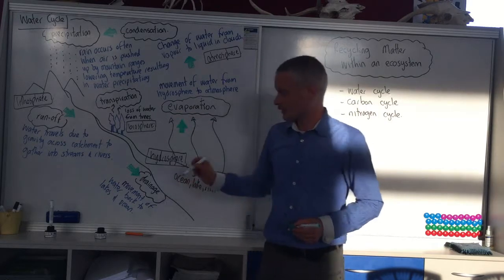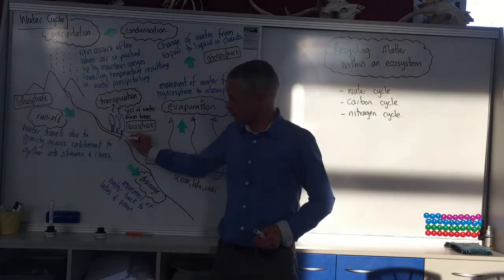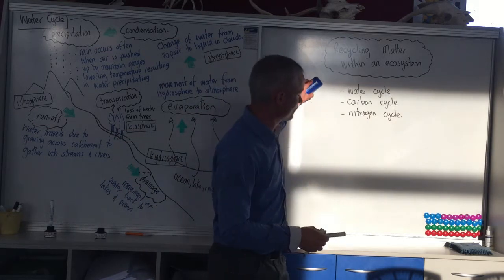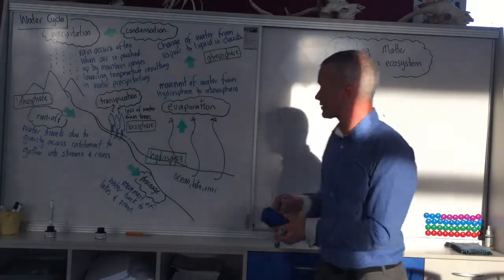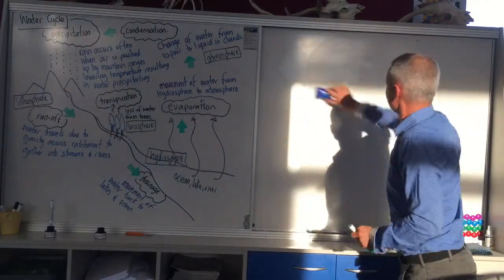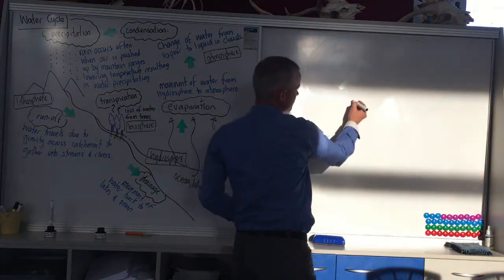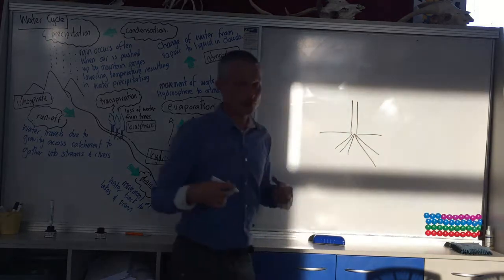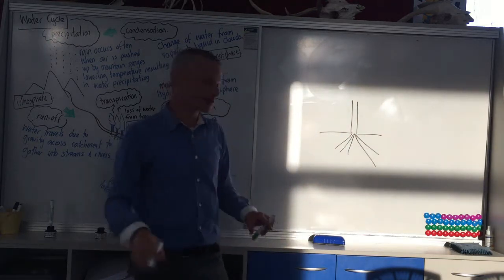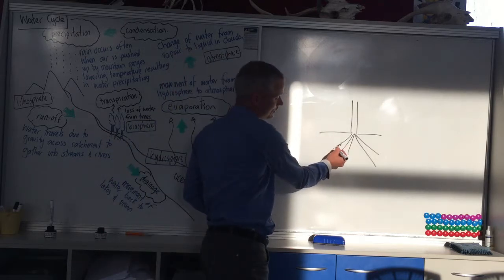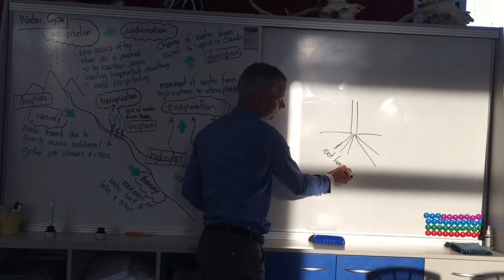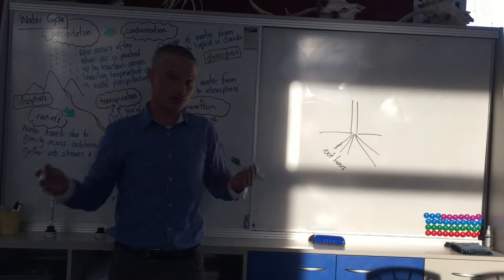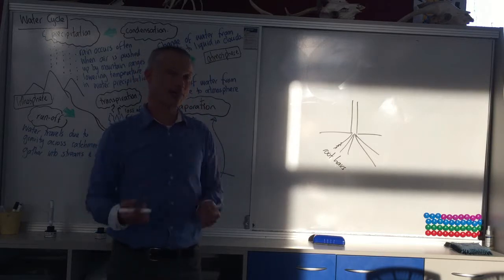So with the biosphere, you've got plant roots that are drawing up water from the ground, and they absorb that through their root hairs. So if you look at a plant, it's got a system of roots that are going down into the soil, and each of these roots have very fine root hairs on it. And those root hairs provide the roots with a big surface area for absorbing water and other nutrients out of the ground and drawing it up into the plant.